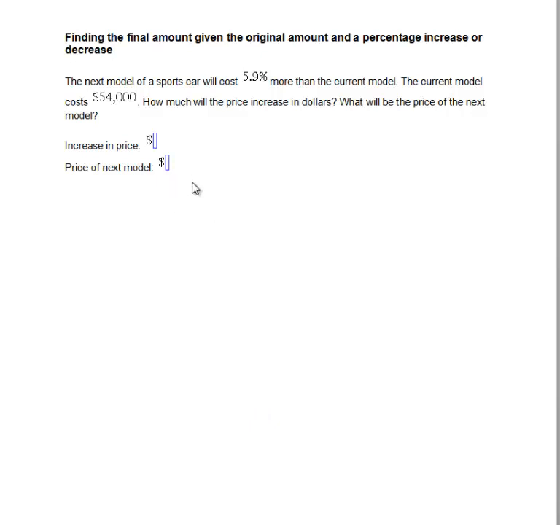So it's going to be 5.9% more, right, of the original or the current model. So let's change 5.9% to a decimal.